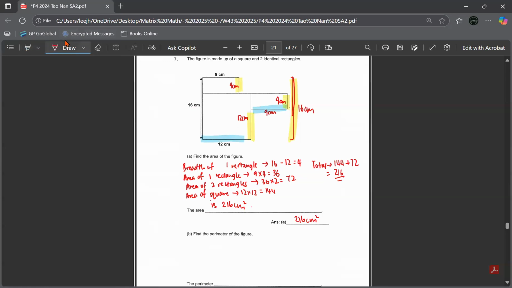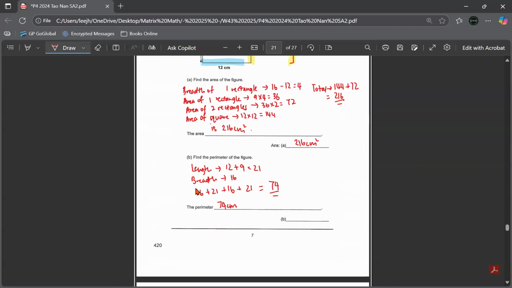So the length of the figure will be 12 plus 9, 21 cm. Breadth we know already, I just listed out 16. So how to find the entire perimeter? I just take 16 plus 21 plus 16 plus 21. Answer 74 cm. So you just write down 74 cm.